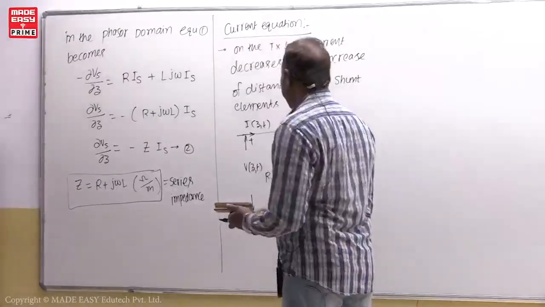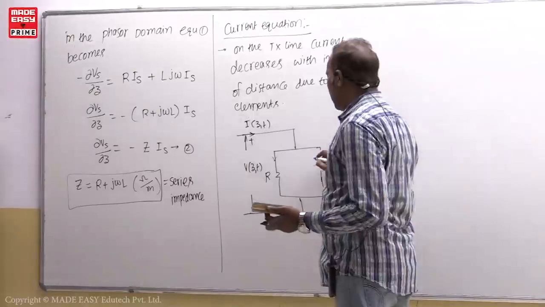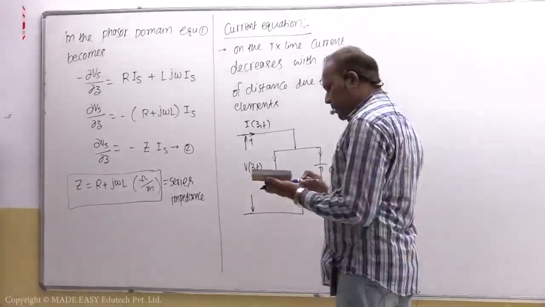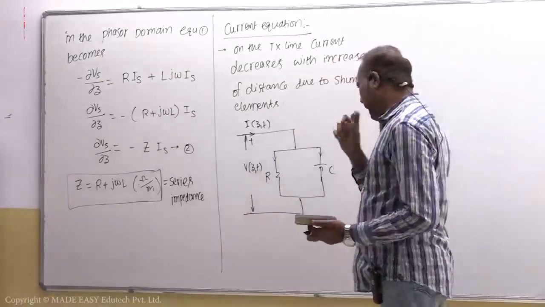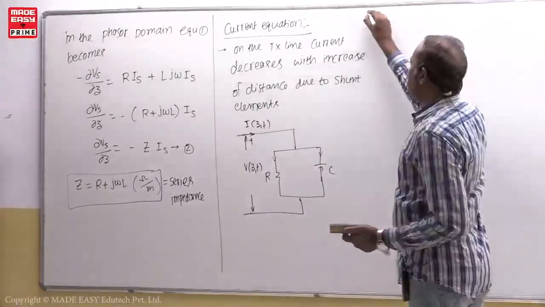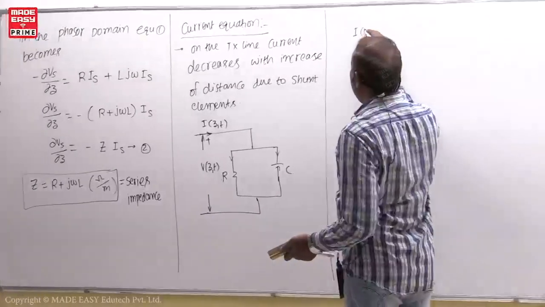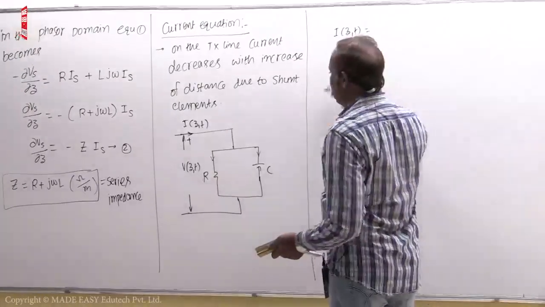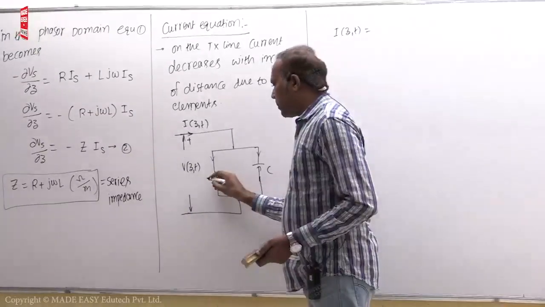Now here this current I is divided into the resistor as well as the capacitor. Now total I of z comma t is equal to g. No, this is a print mistake.